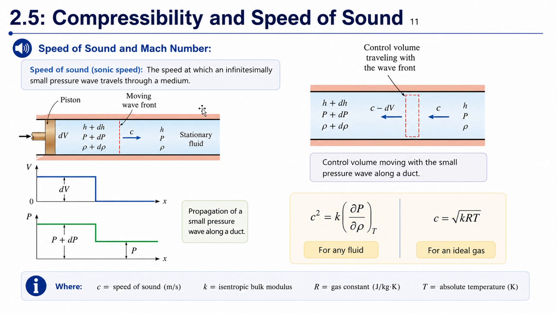The subscript S means the process is isentropic, which means no entropy change. The equation can also be written as c is equal to root of K over rho, or root of K RT. Here K is the specific heat ratio, R is the gas constant, T is the absolute temperature.